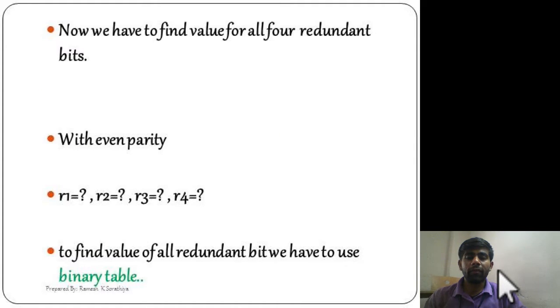Now we have to find the values of all 4 redundant bits with even parity. Even parity means we have to make the count of ones an even number. R1, R2, R3 and R4, these 4 redundant bits we have to find. To find the values of all redundant bits, we have to use a binary table.